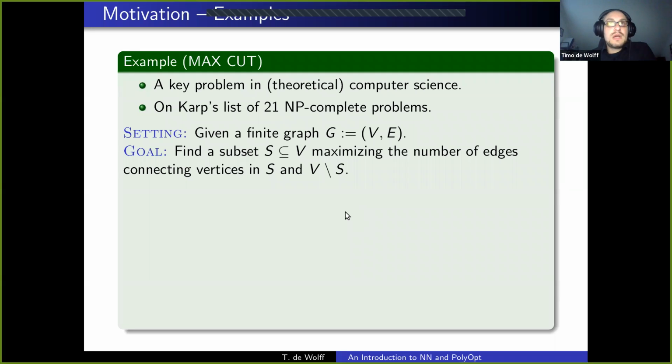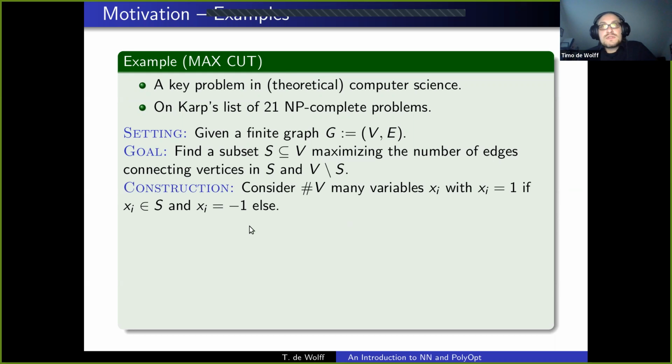In order to compute the maximum number of edges of this sort, I would like to formulate this as an optimization problem. The name for this problem comes from thinking about cutting the edges that connect vertices of different color, so this is why it's called max cut. Here's the construction.